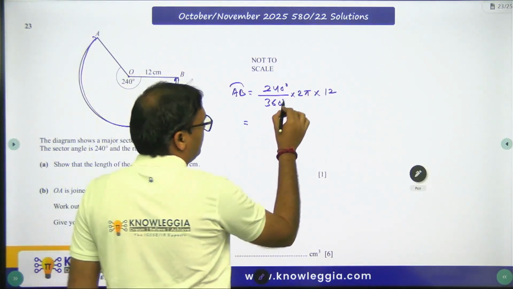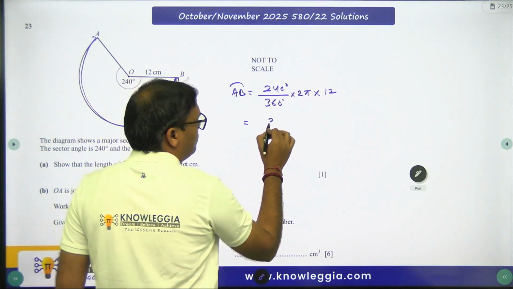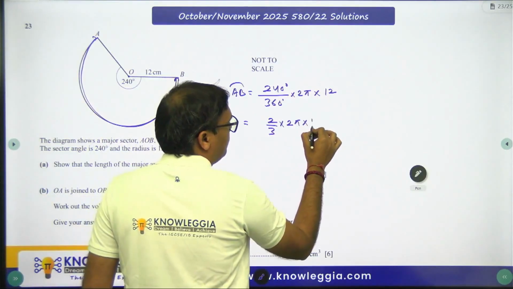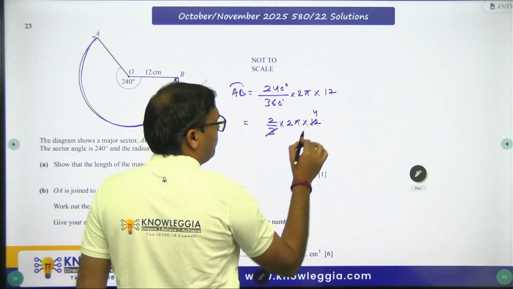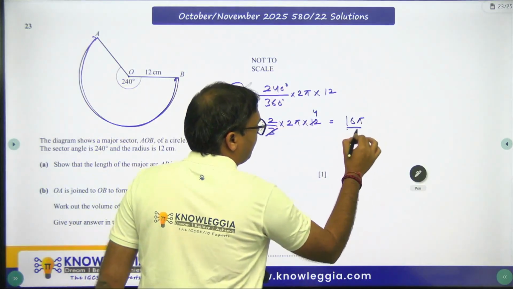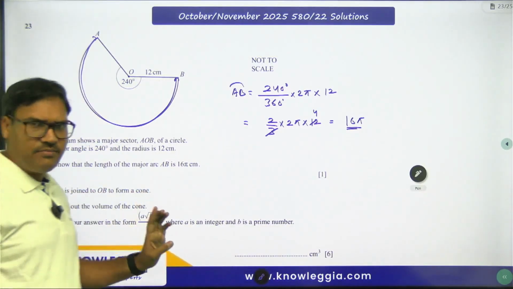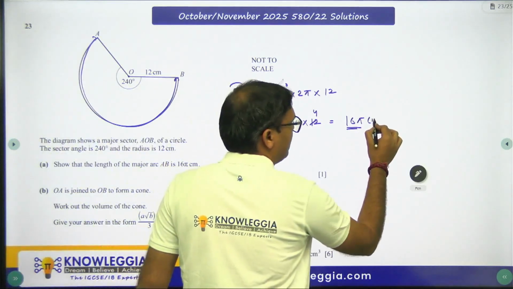So here you can see, I can cancel a factor of 12. This is 2 by 3 into 2 pi into 12. So now if I cancel this 4, this is 8, 16. 16 pi. So the length of major arc is 16 pi centimeters. Okay, so that is the first part which you have to show.